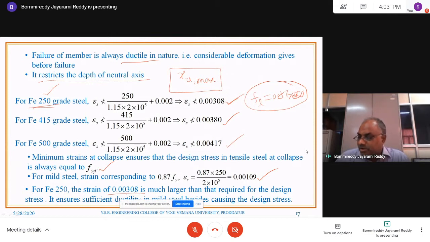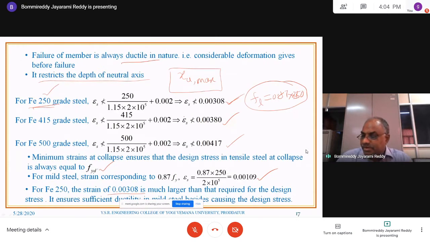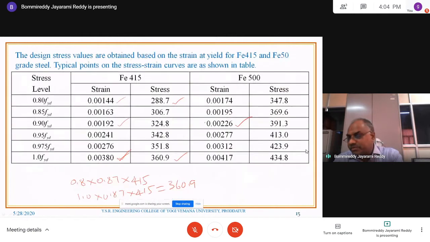But at the smaller value itself, its yield value occurs. So that's why, without any hesitation, for mild steel, the stress is always considered equal to 0.87 times Fy. So these are the various assumptions that are considered as per IS 456.